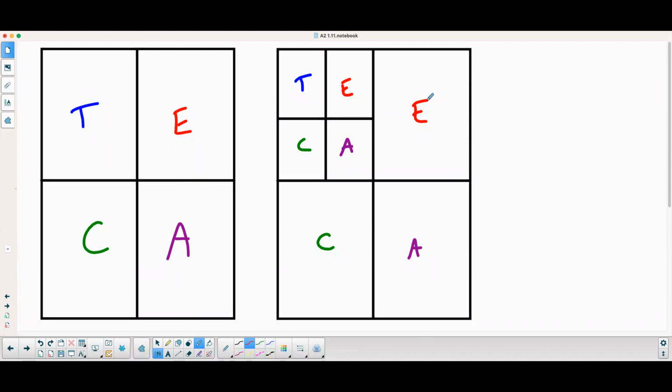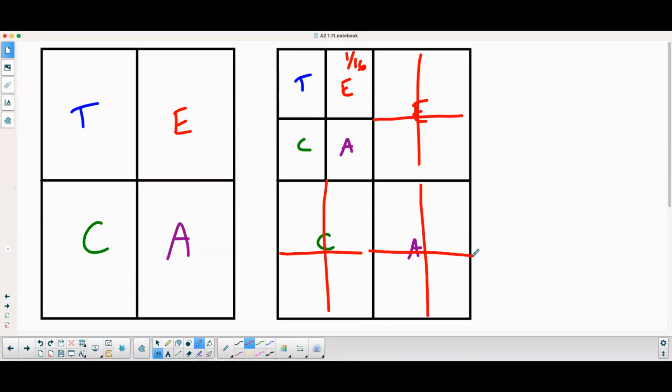So if you look here, this piece here is 1/16, because if I drew this here, there'd be 4 before there, and there'd be 4 there. If you count those up, there'd be 16. So I'm going to just erase those so you can see them. Okay, so really, Tyler has 1/16 of the whole paper.